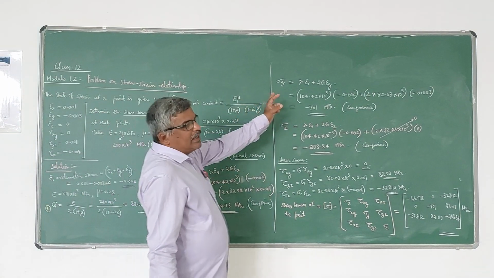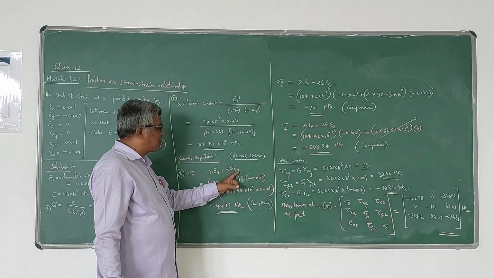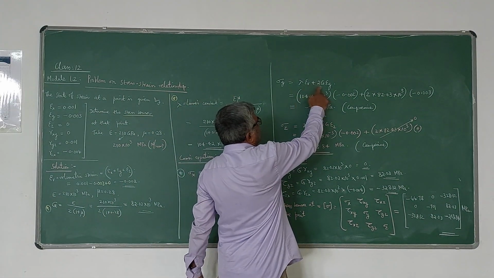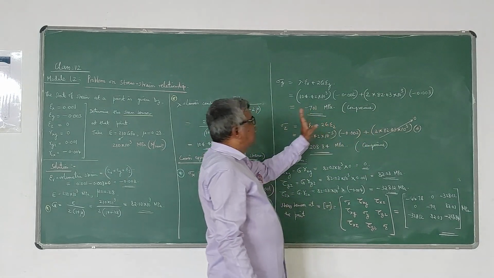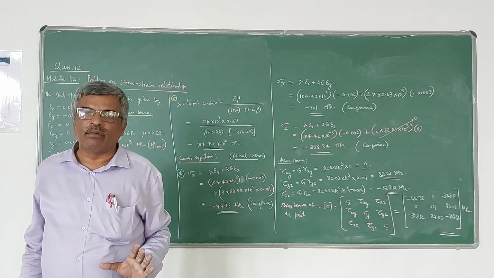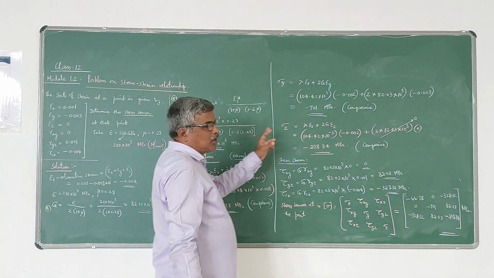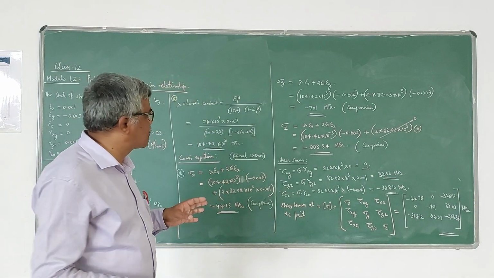Second, you are going to get sigma y using the same equation, but instead of epsilon x, you have to take epsilon y. The first term remains the same, 2G remains the same. Once again, if you substitute all the values and simplify, you get a negative value, minus 701 MPa, which is once again compressive. So in y direction also, the element is subjected to compressive stress.